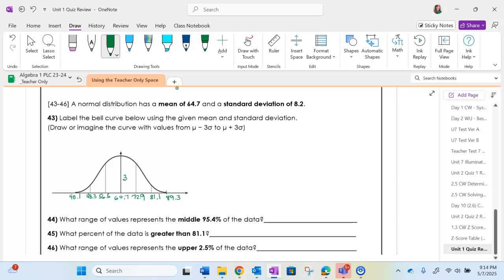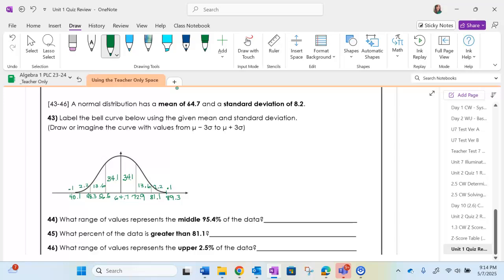So let's just remember 34.1, 13.6, 2.2, and 0.1. Okay, so let's just make sure, again, it's over here. 34.1, 13.6, 2.2, 0.1.